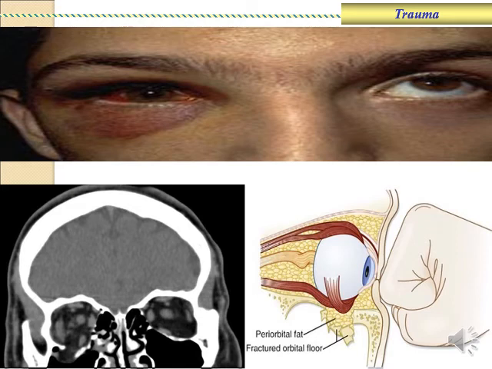The patient cannot elevate his traumatized eye because the inferior ocular muscles are entrapped in the fractured floor. What is the treatment of such a case?